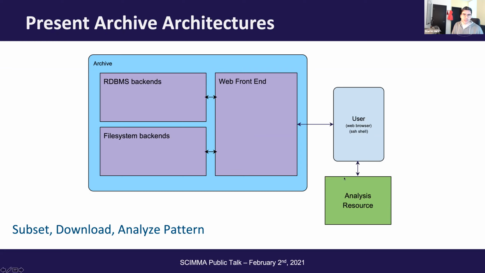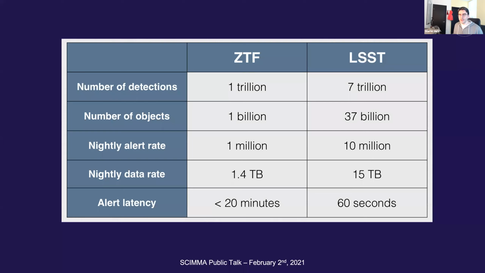And this is then a loop. So based on the results of analysis, you may go grab a different subset, download it, do analysis, and so on. The issue with this in this decade is that data sets are becoming fairly large.